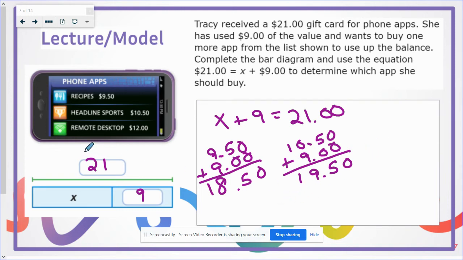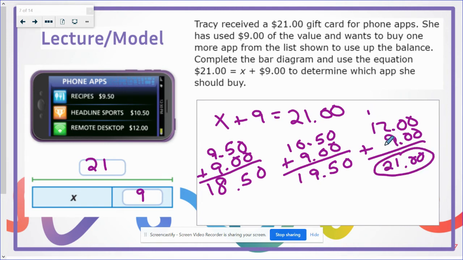All right, let's try the remote desktop app. $12 plus $9 would in fact equal $21. So in this case, she would be able to buy the remote desktop app because $12 plus $9 is 21, and that equals the whole gift card. So in this equation, 12 was the solution.